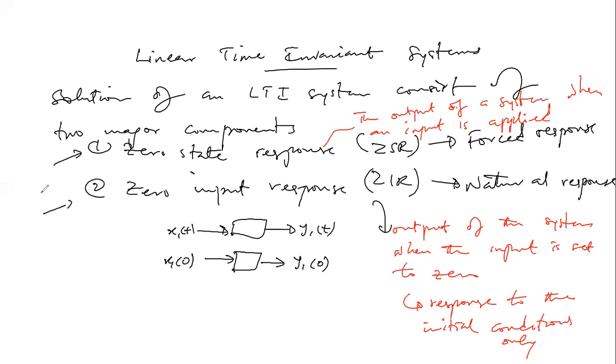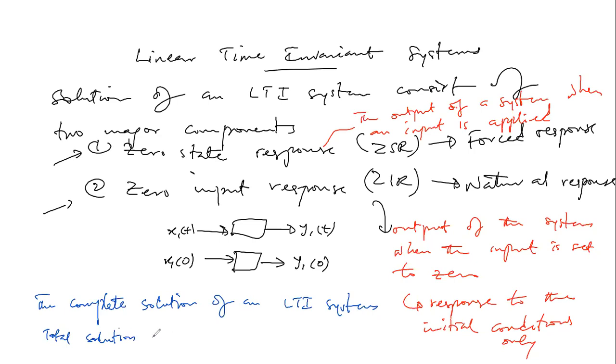So the complete solution of an LTI system will therefore be given as: total solution is the same as zero input response plus zero state response.